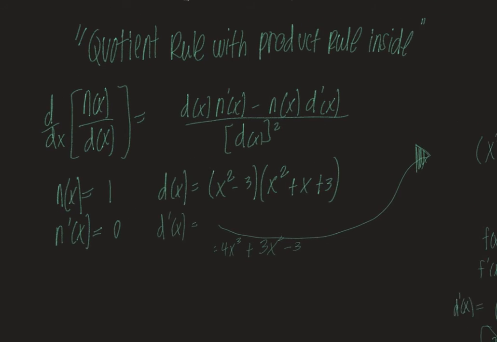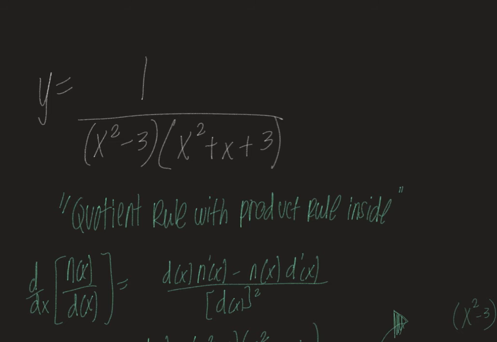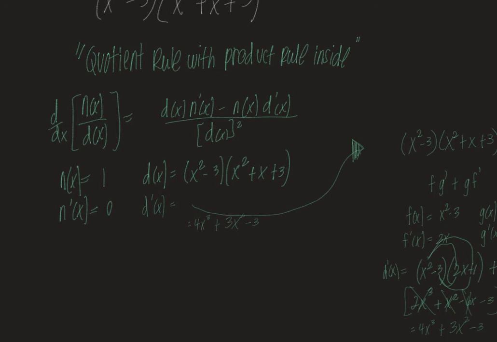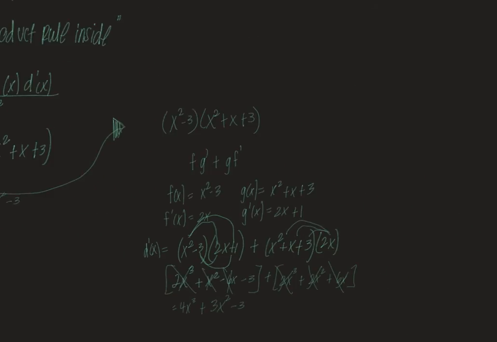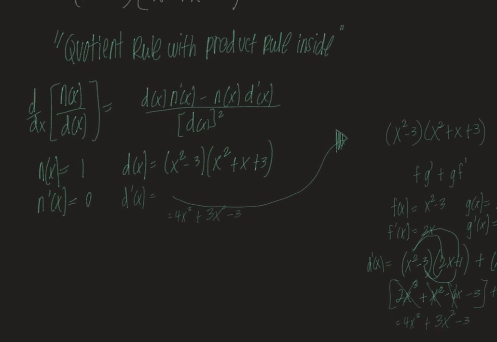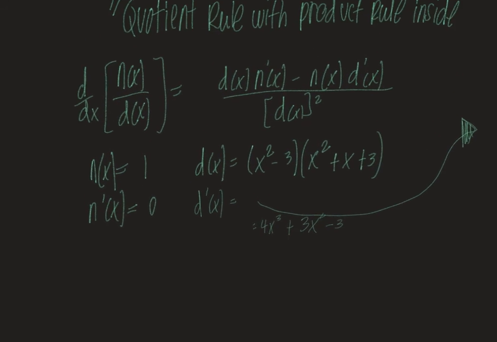Okay, so I copied and pasted him right here, and now we're back at the quotient rule for this original function, and we're going to just kind of forget that we had to go off in La La Land and get the derivative of one of our parts for the quotient rule. Now we're just going to follow the quotient rule.